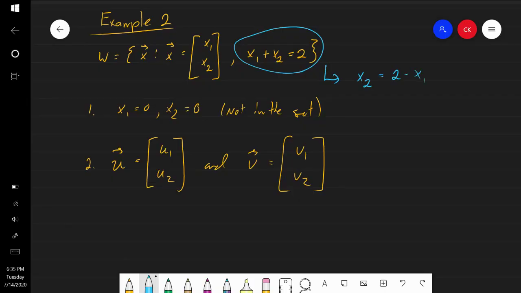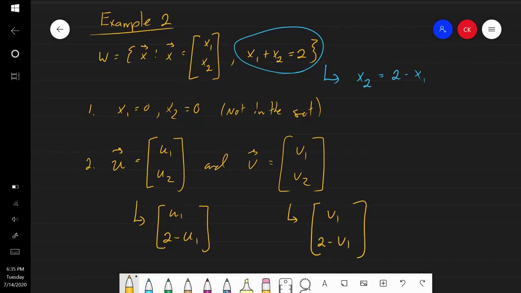as our condition. And that means that u will take the form u1, and u2 will be 2 minus the first element u1. And the vector v will take the form v1 and then 2 minus v1.